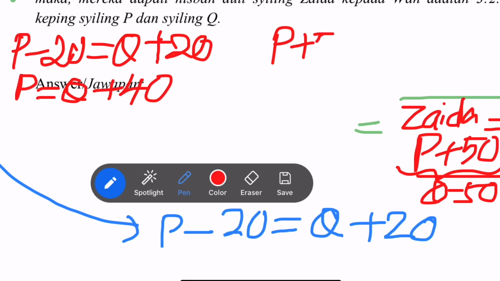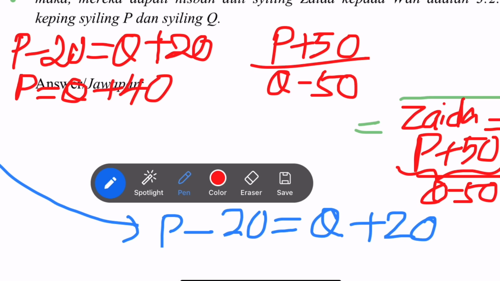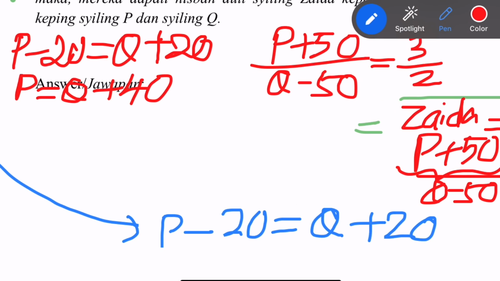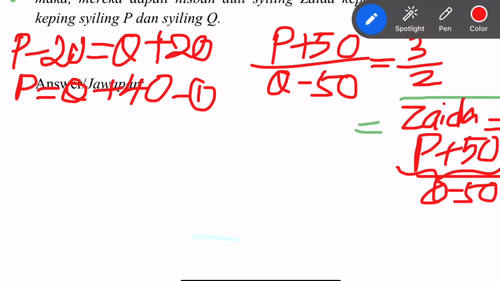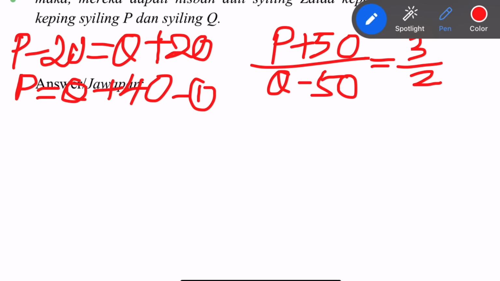The second equation will be P plus 50 over Q minus 50 equal to 3 over 2. Then we need to simplify the second equation so that we can substitute equation 1 into the second equation.